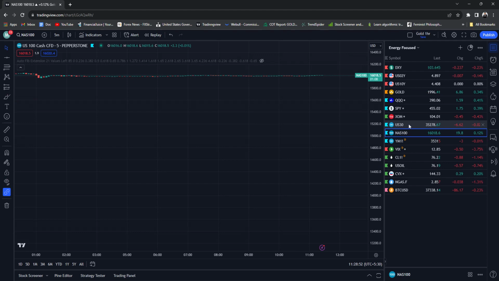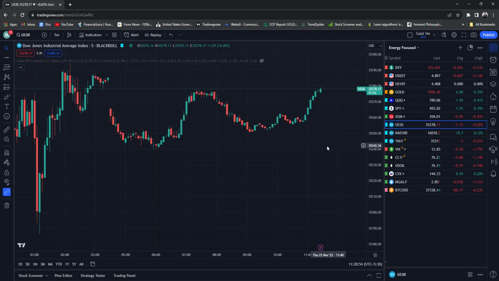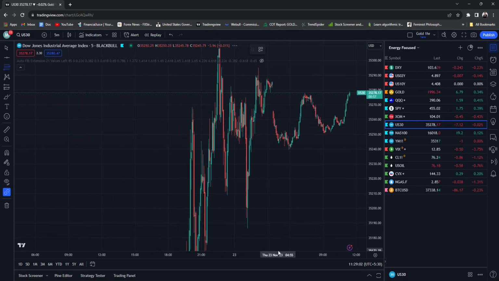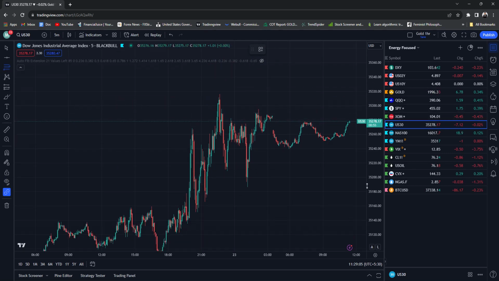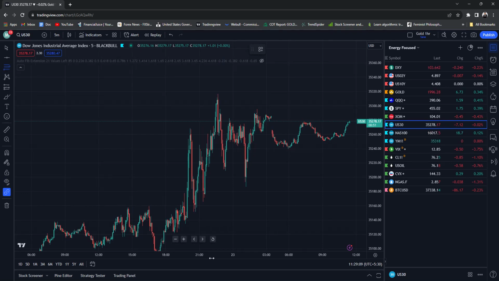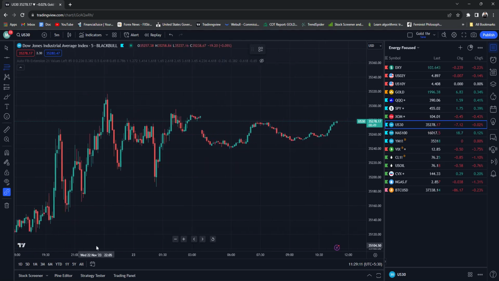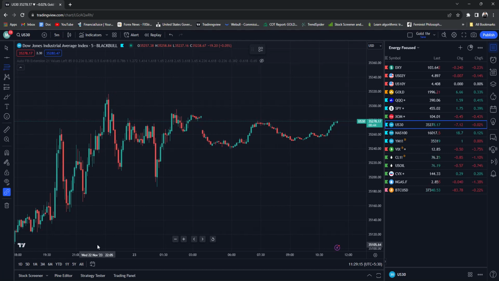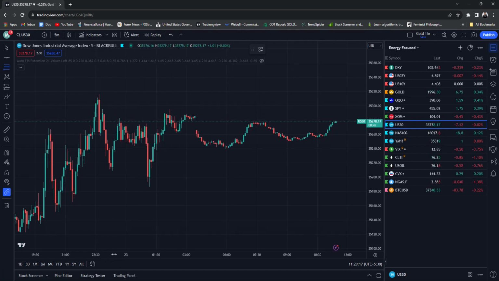you can just use Fibonacci as well. What we need to do is just find the low and the high of the recent move. So if we are looking at this period, let's say the last few hours, this is our top.